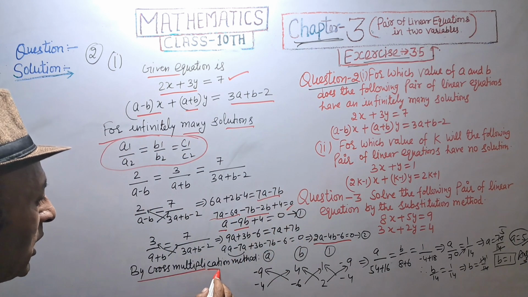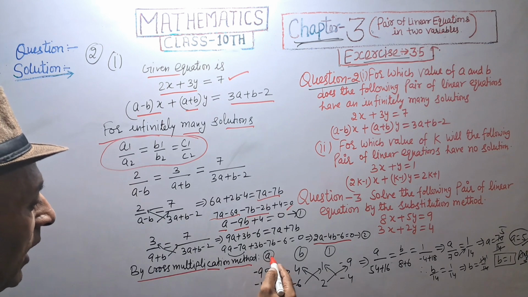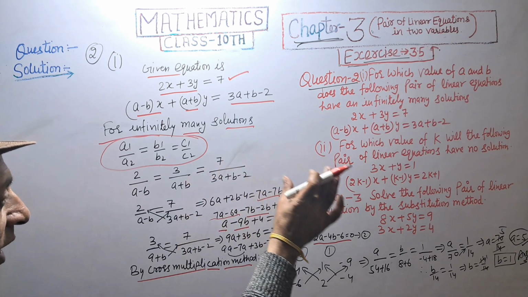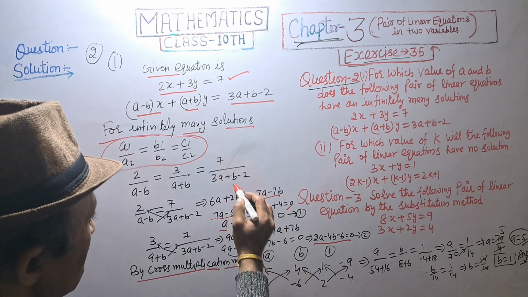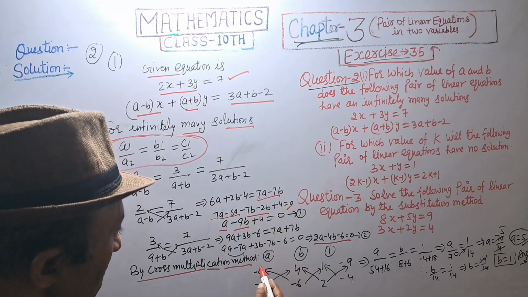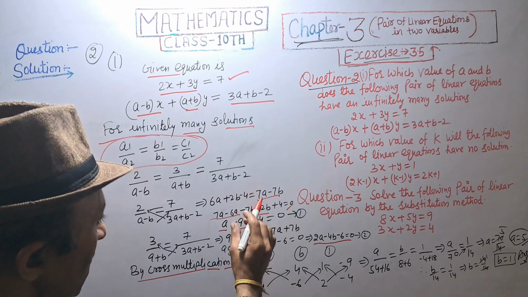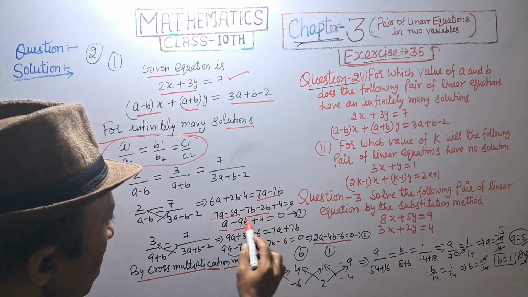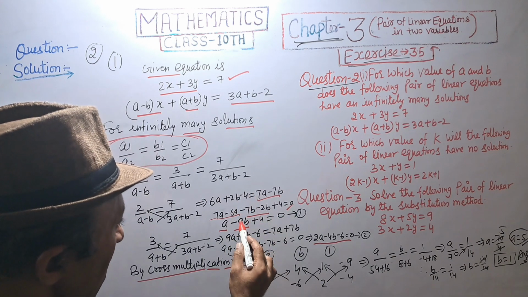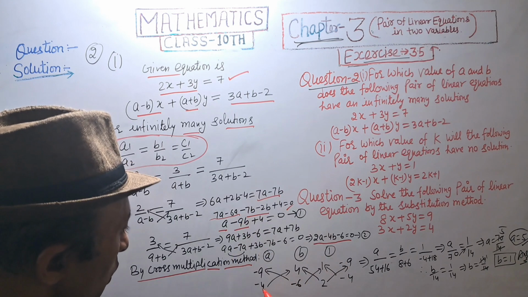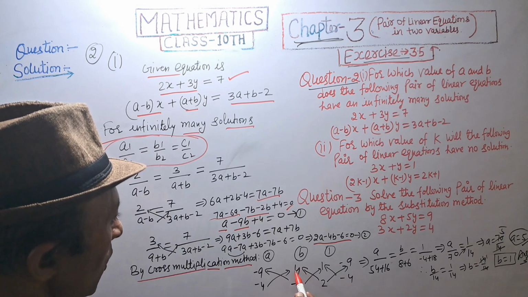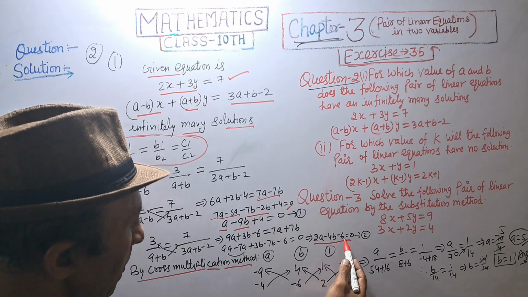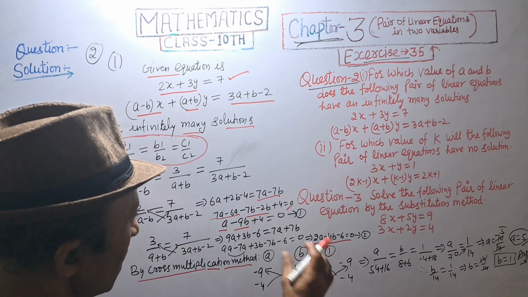For the cross multiplication method, we find the value of a and b. First of all, this is the second column, second number is minus 9, minus 4, and third is positive 4 and negative 6.